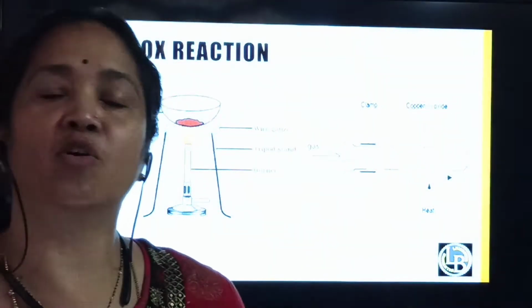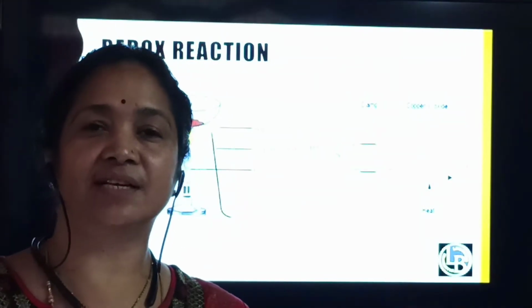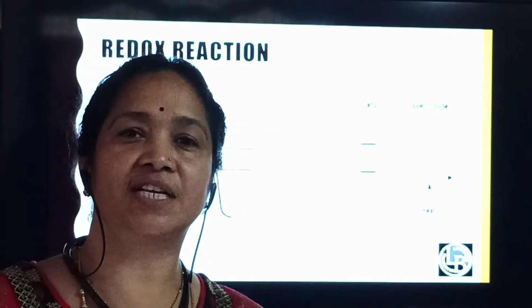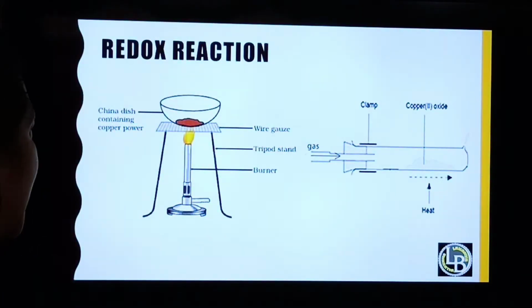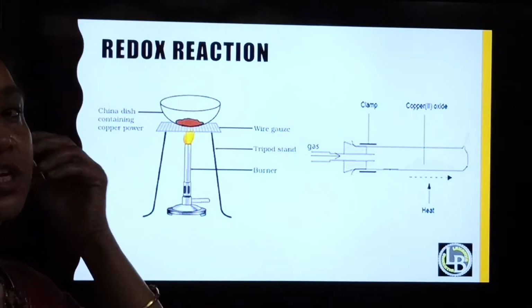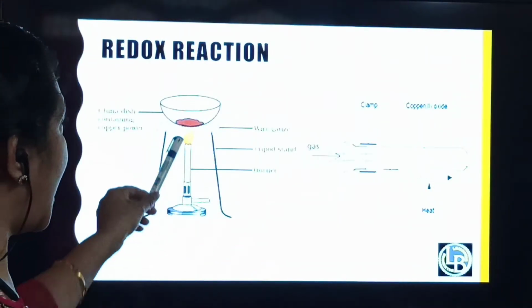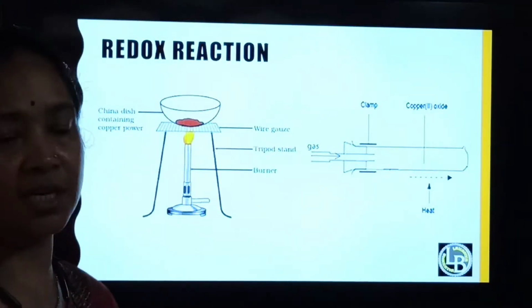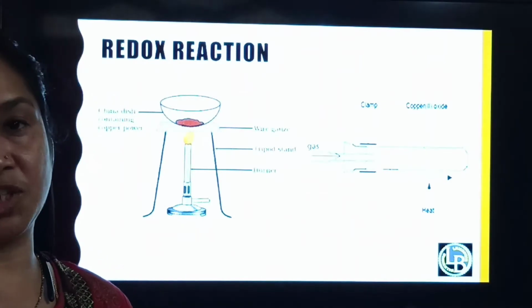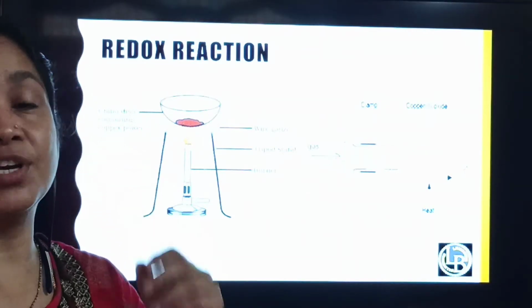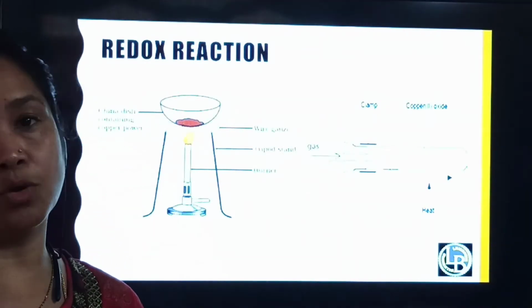So children, I hope everyone understood with this activity. See here, the copper metal is reddish brown in color, and when this copper metal is heated, it undergoes oxidation. Copper Cu reacts with oxygen to form CuO.